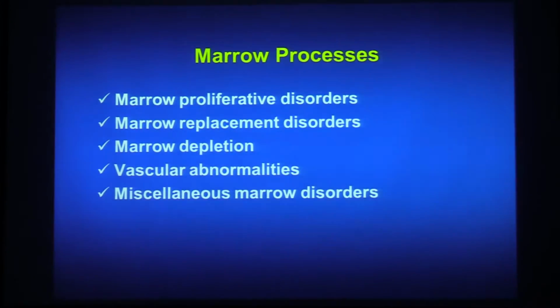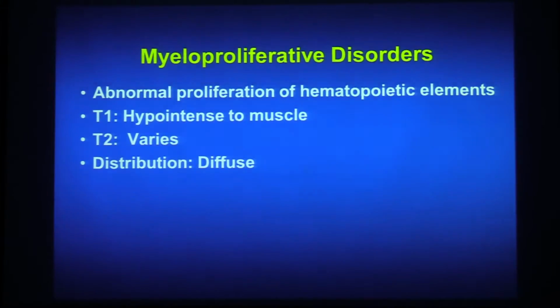So in terms of marrow processes, there are marrow proliferative disorders, marrow replacement disorders, so another process different from the cells in the marrow that comes in and replaces the marrow. Marrow depletion, where those elements of the marrow decrease and disappear. Vascular abnormalities, where we're really talking about increased or decreased blood flow in the bone marrow. And then a few things that fall into no particular area and so get their own category.